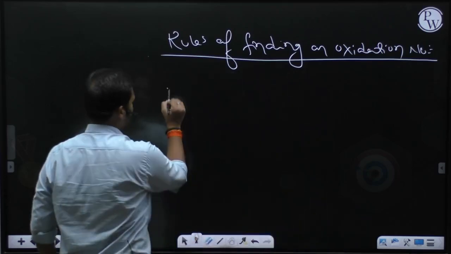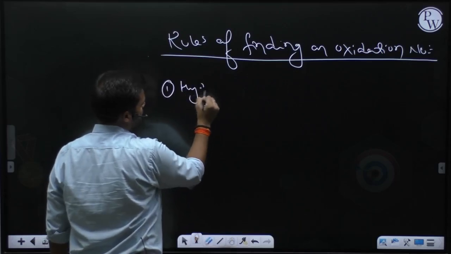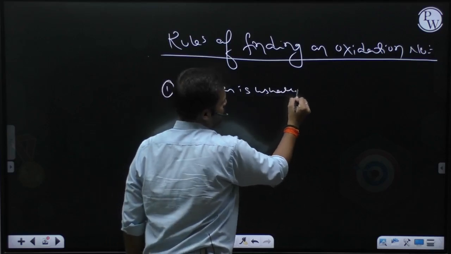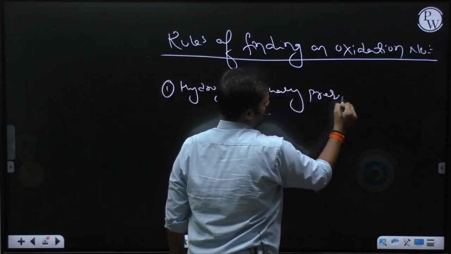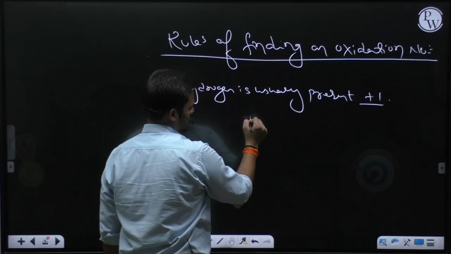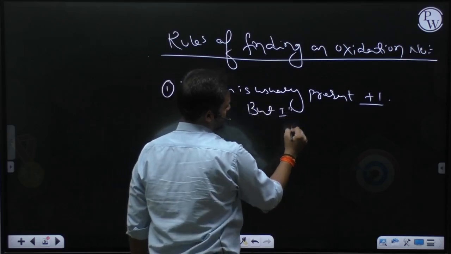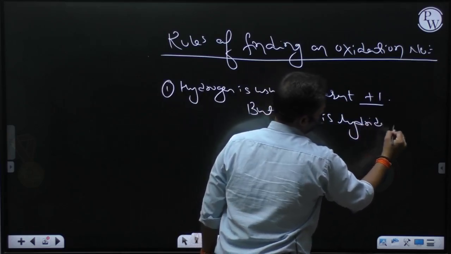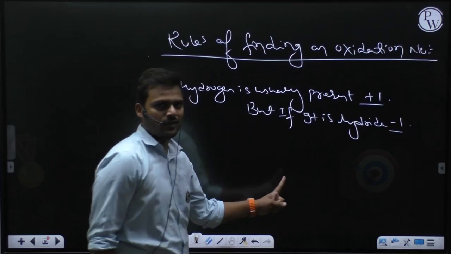So hydrogen is usually present in the +1 oxidation state, but if it is a hydride, it will be in the -1 oxidation state. This is the very first rule.